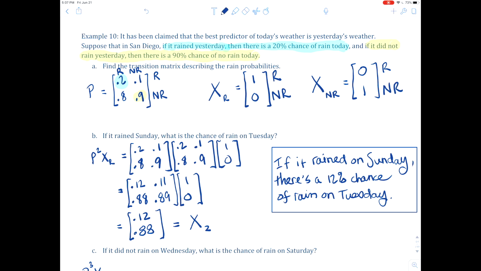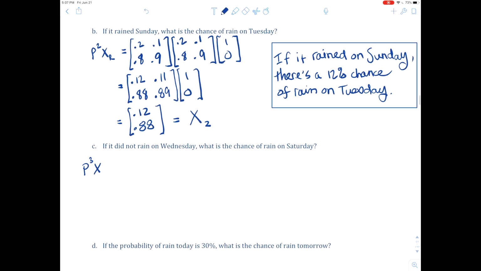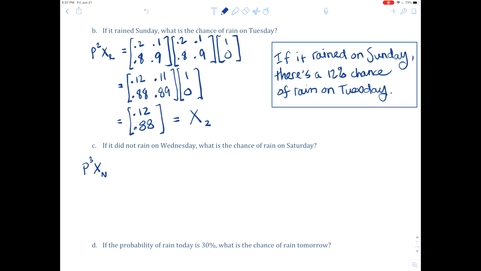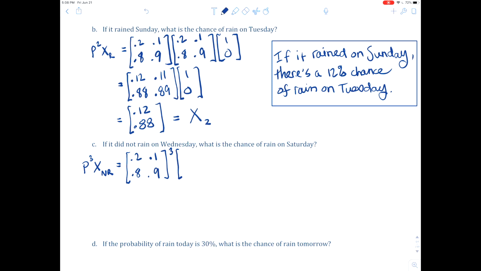All right. So we would have to use the NR one. So what we're going to do is we're going to take our transition matrix and we're going to cube it. We'll do this on the calculator. And we're going to multiply that to this one here because that's going to show that, hey, it didn't rain. We're doing the one where it didn't rain.